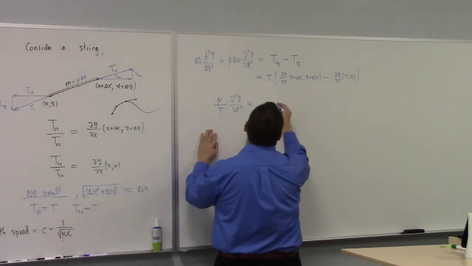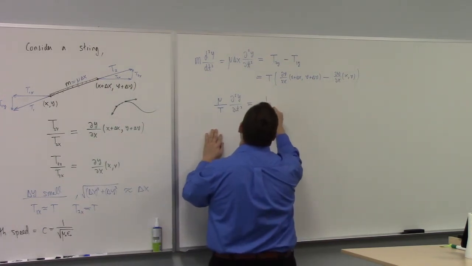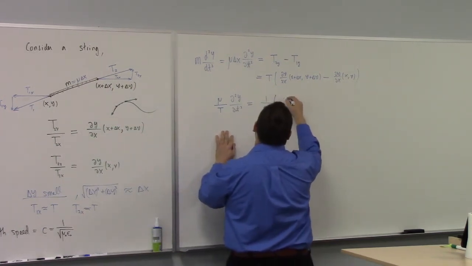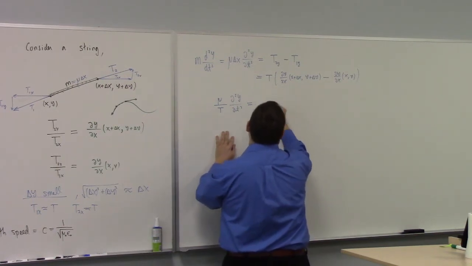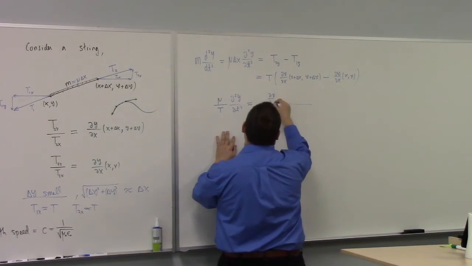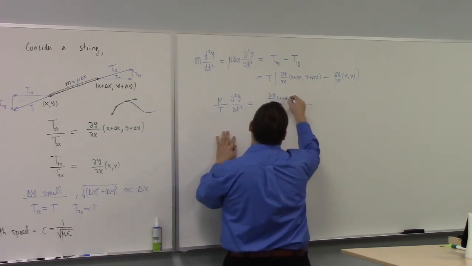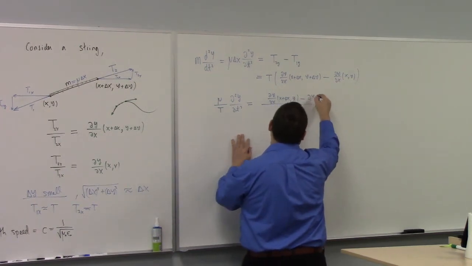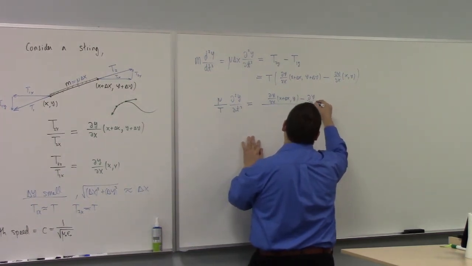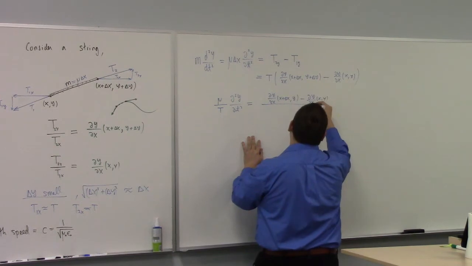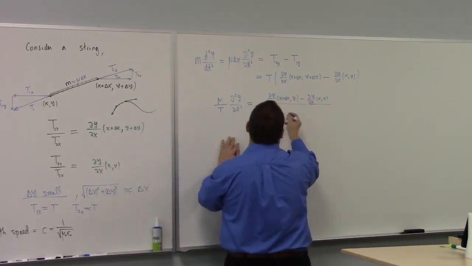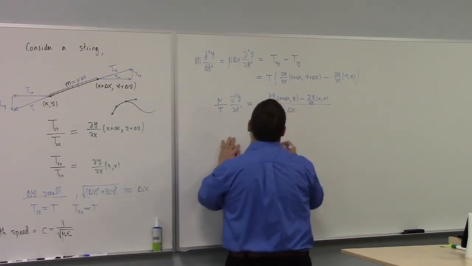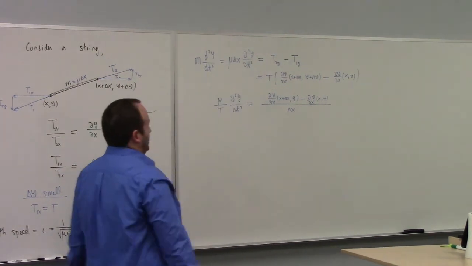And that's going to equal 1 over delta x times a big fraction: partial y, partial x plus delta x, comma, y essentially. Because again, delta y is so tiny, let's forget about it. Or you can think we're taking the limit as delta y goes to 0 if you like. But the point is that's what we get, right?